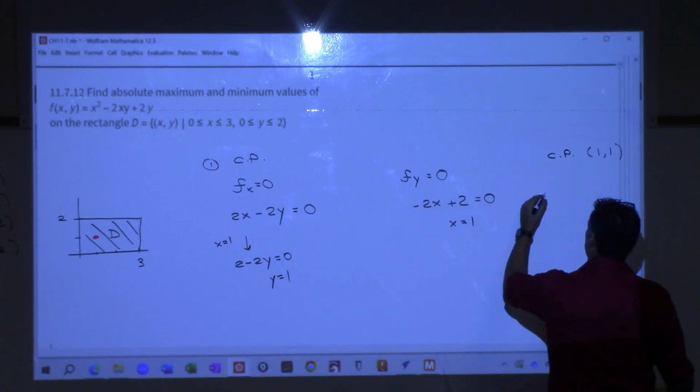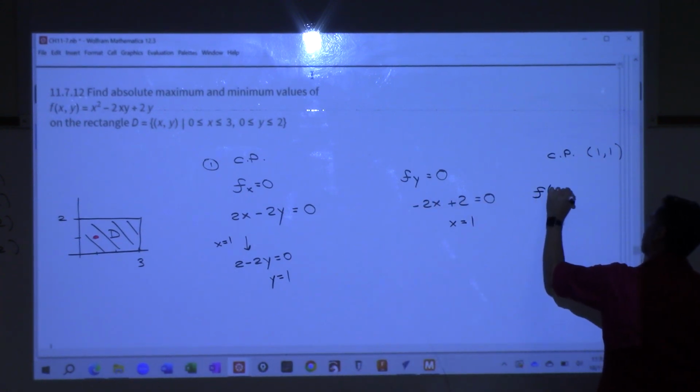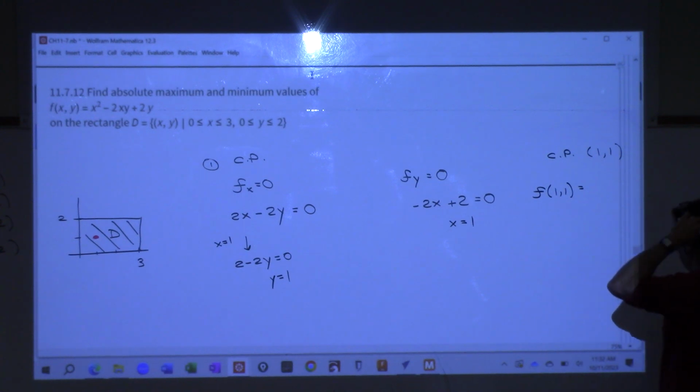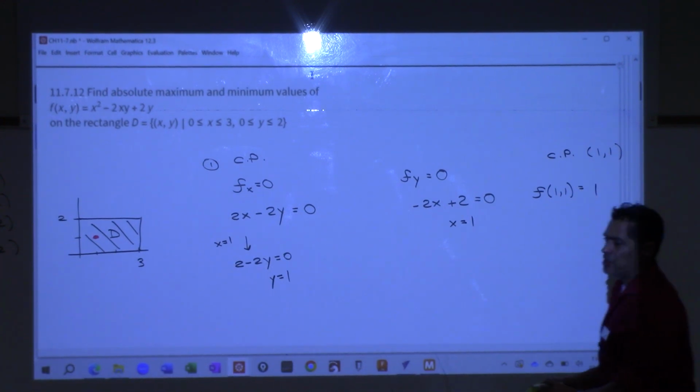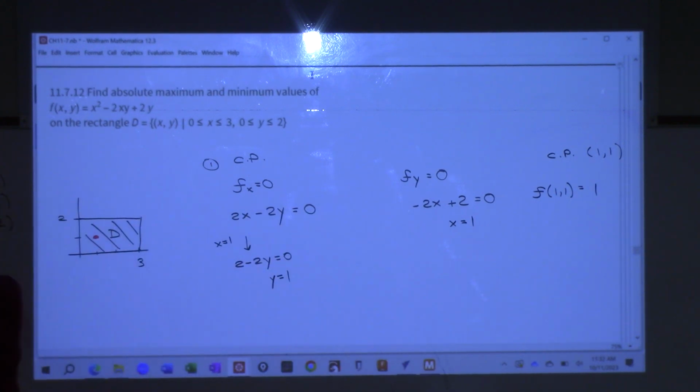So that means I want to take that 1, 1 and plug it into my function. And I get 1. Okay, so let me start making a list over here off camera of what I'm getting so far.